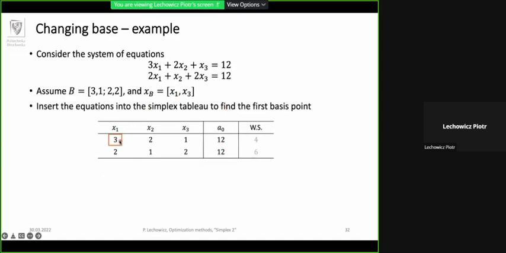To find such a basic point, we make a pivot on our basic variables. First we make a pivot on the first column. So this value is equal to this divided by itself. This value is equal to 2 divided by 3, and so on. For example, this value is equal to 2 minus 1 multiplied by 2 divided by 3. So it's 2 minus 2/3, which is equal to 1 and 1/3, right?